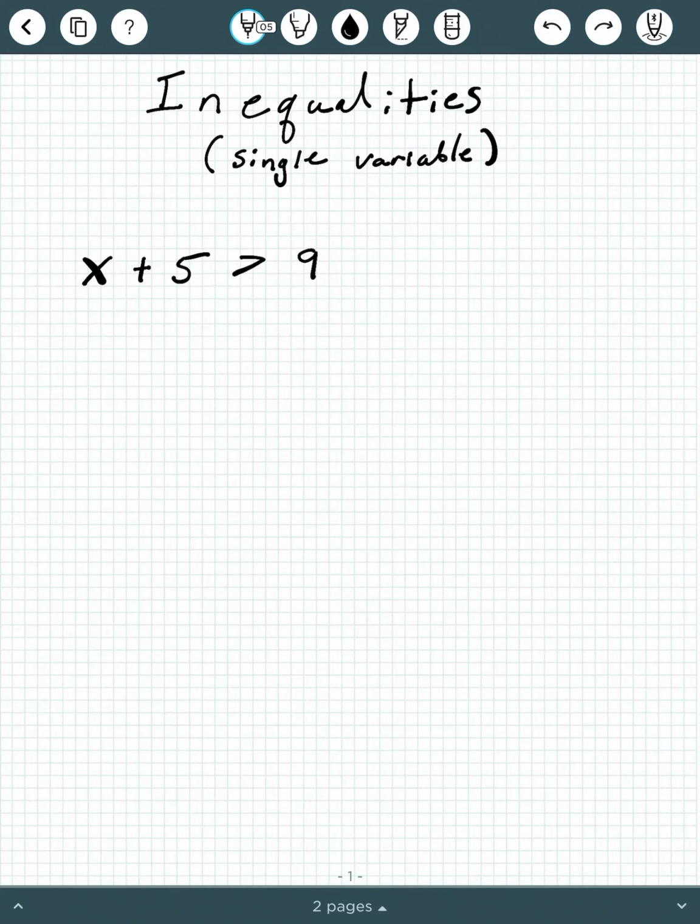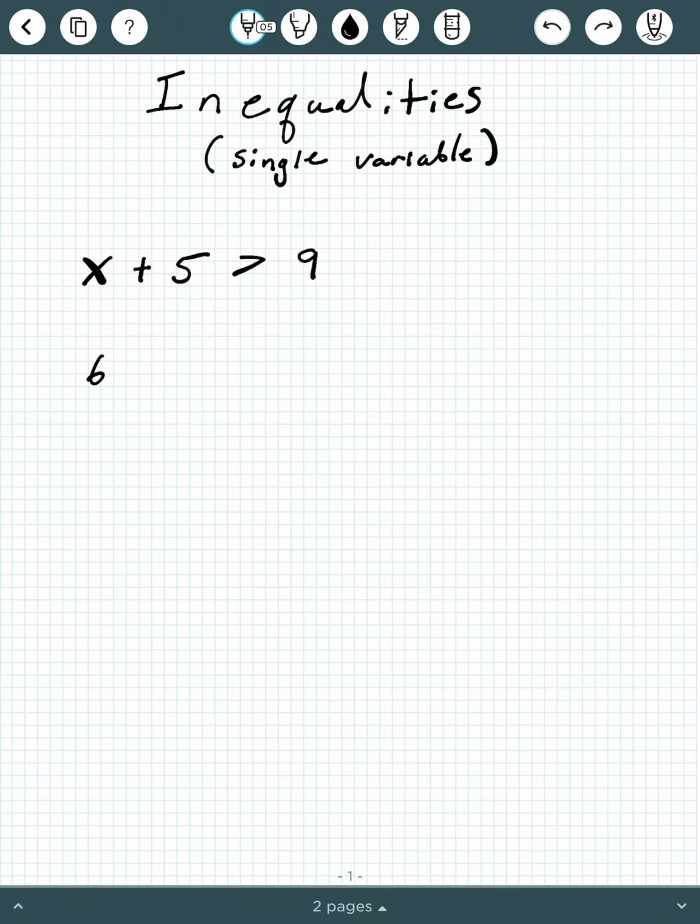Where it gets tricky, it turns out I could also put 6 in for x, and that would be true as well. 11 is definitely greater than 9. And even trickier than that, I could put in 6.5. I could put in 6.75. I could actually put in an infinite number of values for x that would make this inequality true.